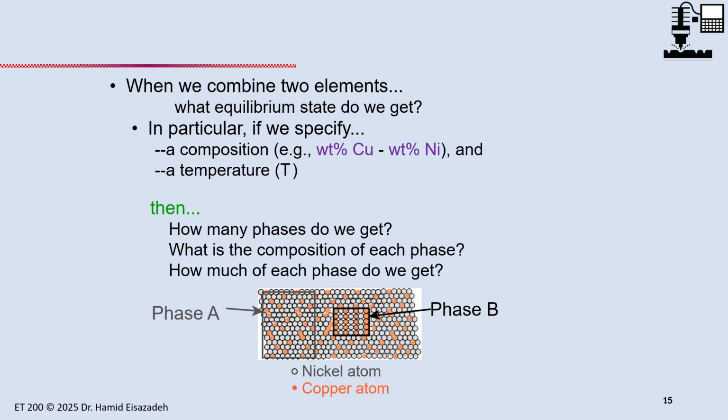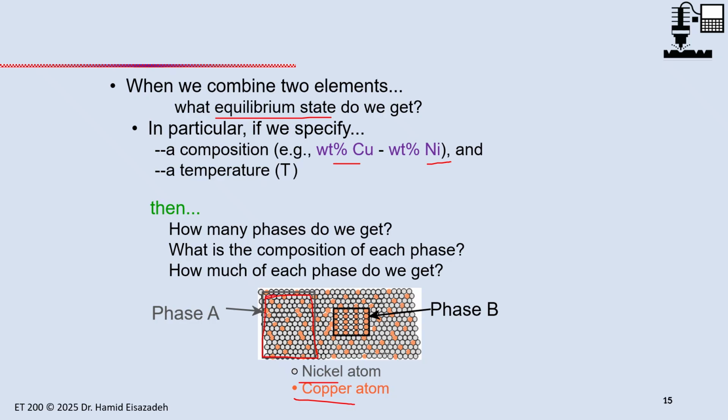Similar to the syrup example, we can have an equilibrium state with solid materials. Here we have copper and nickel, two solid materials that are mixed together. As you see, for example, here these two elements, copper and nickel, are mixed, and we have this pattern.